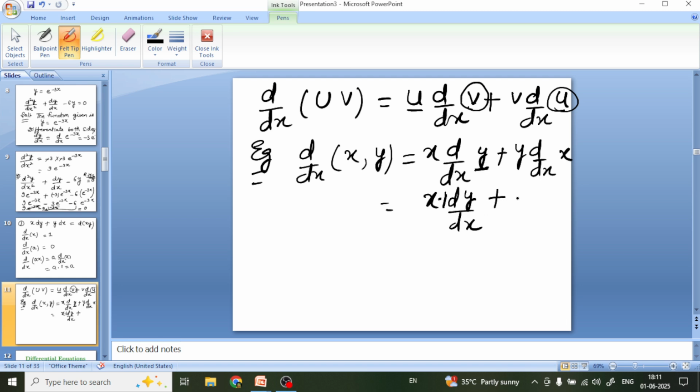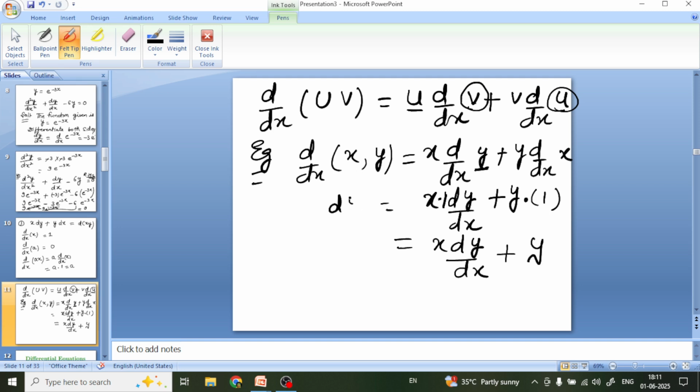It's according to the formula. And y into x, x's derivative is 1. Here we will not write any dy over dx or dx over dy, unless they say so. So here the answer will be x dy over dx plus y.